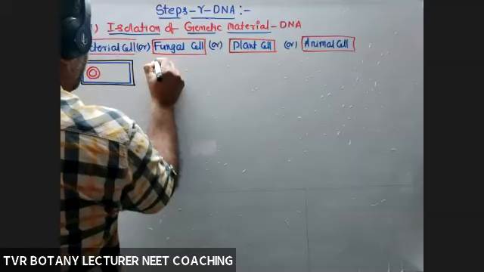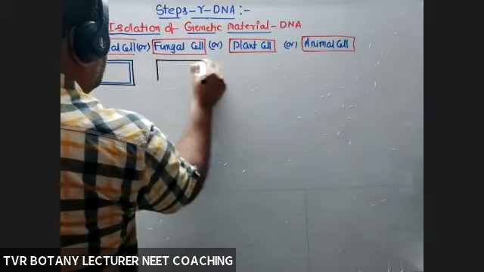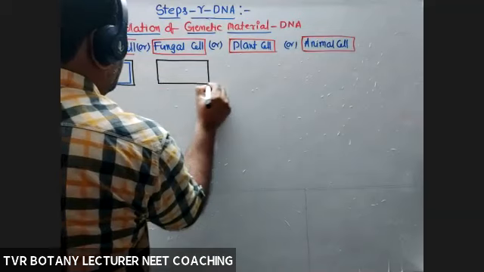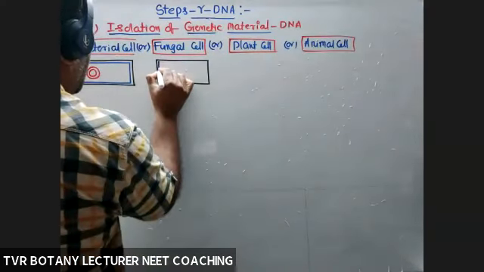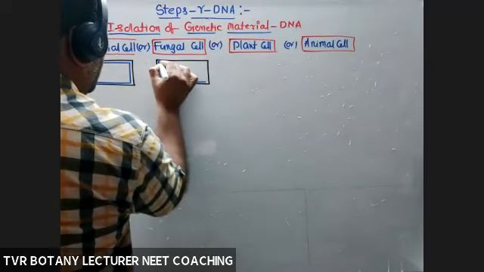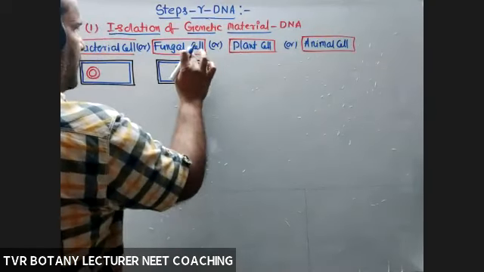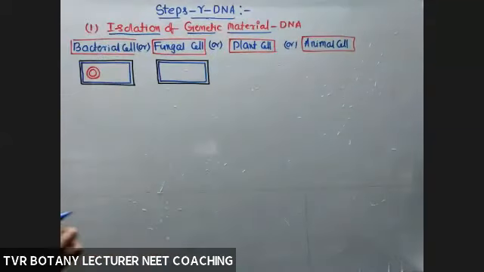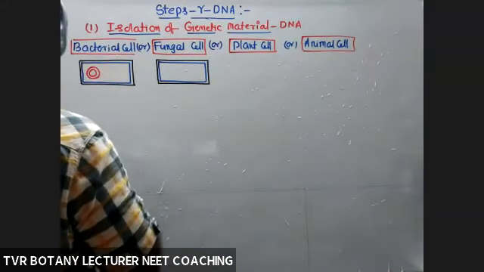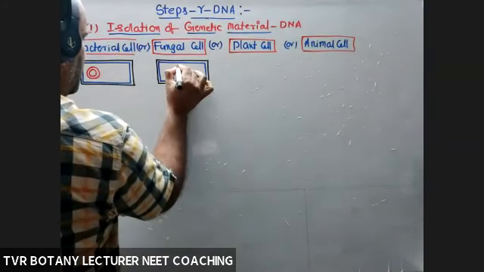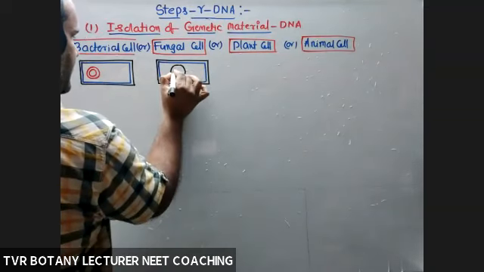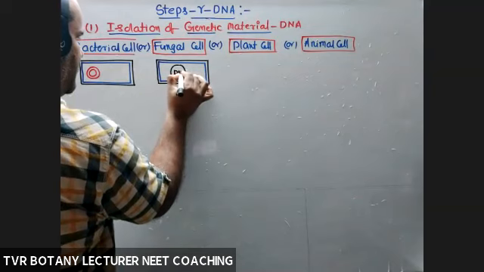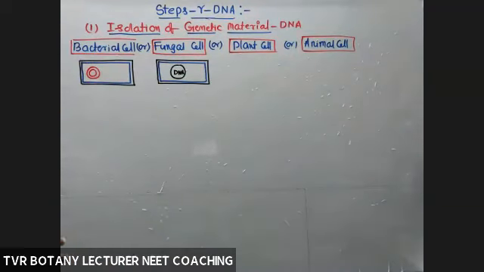In fungi, cell wall, cell membrane. Fungi, Plantae, Animalia are eukaryotic cells. This one is a prokaryotic cell. So within the eukaryotic cell, the nucleus is present, and here DNA is present, a certain number of DNA molecules, whatever the number.